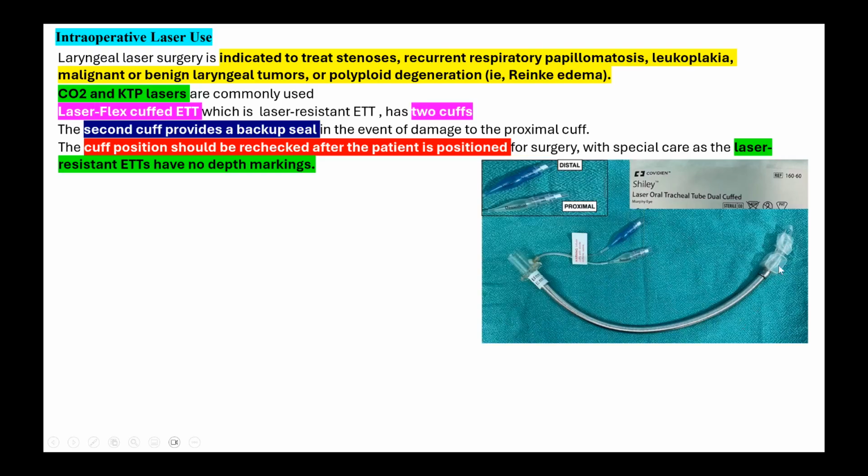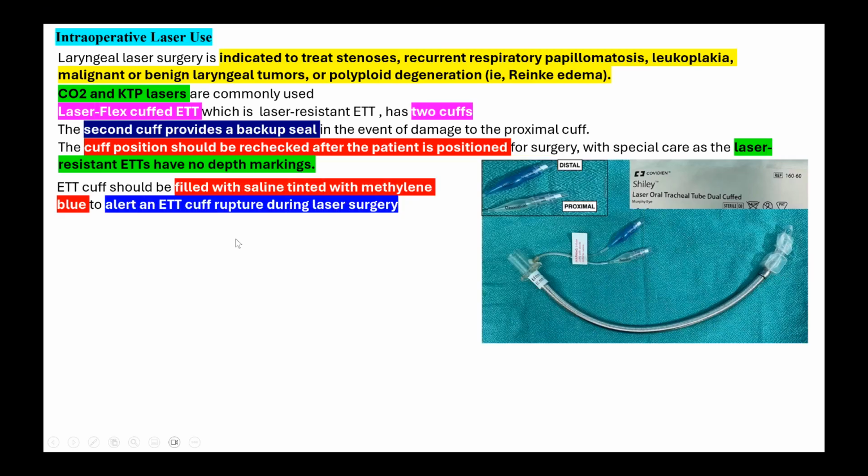There are two cuffs, proximal cuff and distal cuff, and there are two pilot inflation exits. You can see there are no markings at all, like the graduations on the normal tube. And it is filled with saline tinted with methylene blue, unlike your regular endotracheal tube, which you inflate with air.